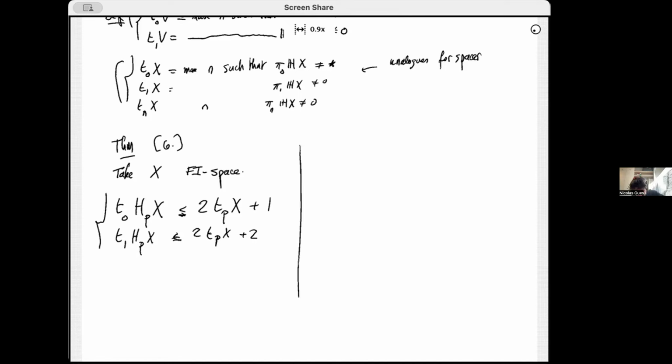And there's a variant for co-FI spaces, so functors from FI up, the opposite category, to spaces. In particular, this applies to configuration spaces.